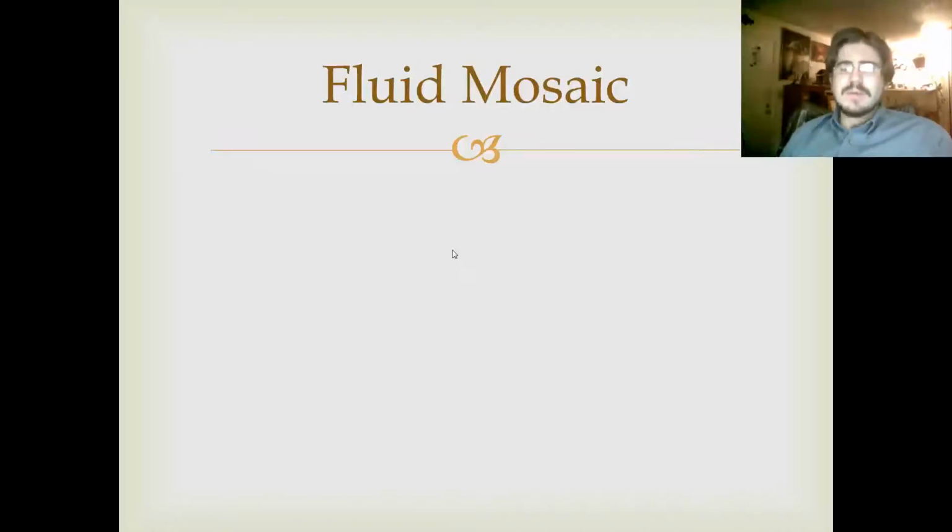Okay, so while we're talking about the plasma membrane, let's mention the fluid mosaic. This is sort of a term for a model of the plasma membrane. What is a plasma membrane? Well, it's a phospholipid bilayer. But how could we describe its structure, its features? We use the term fluid mosaic.